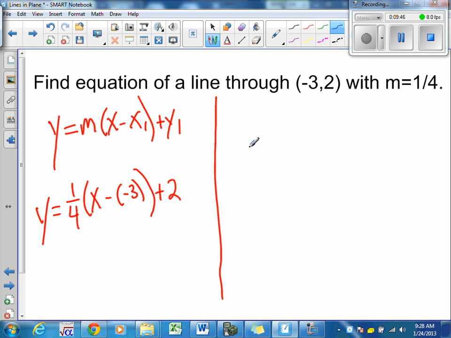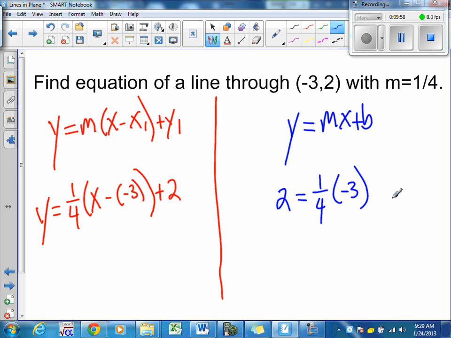Now, some of you may remember doing this differently. In the past, you would write y equals mx plus b, you would put a 2 here, you would put a 1/4, you'd put a negative 3, and then you'd try to solve for b. So this would be 2 equals negative 3/4 plus b.